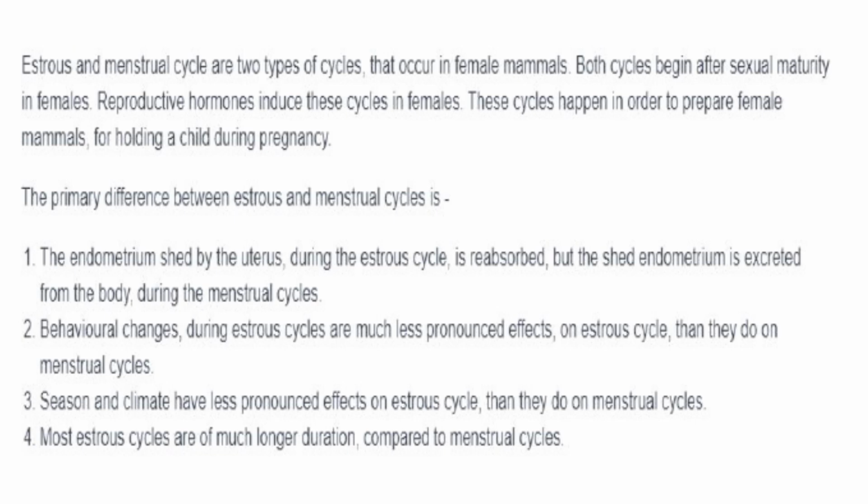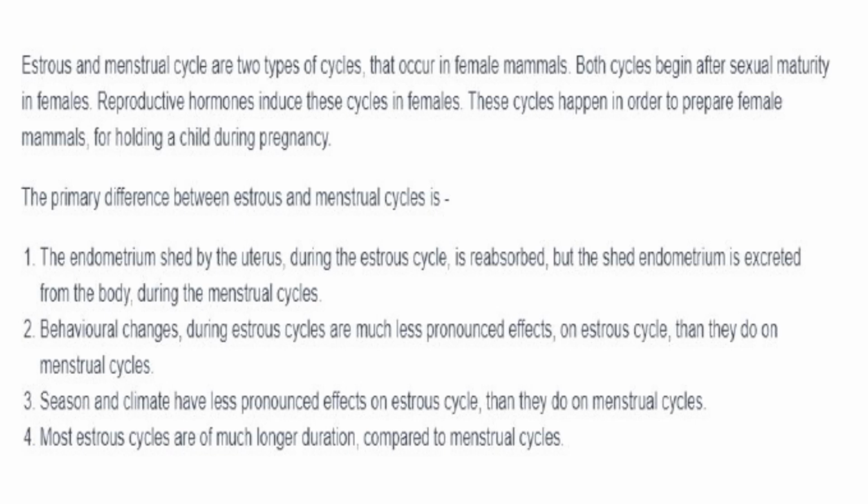Then next one. Estrus and menstrual cycles are two types of cycles that occur in female mammals. Menstrual cycle occurs in primates and humans, and estrus cycle in non-primates. Both cycles begin after sexual maturity in females. Reproductive hormones induce these cycles in females. This cycle happens in order to prepare the female mammal for holding a child during pregnancy.